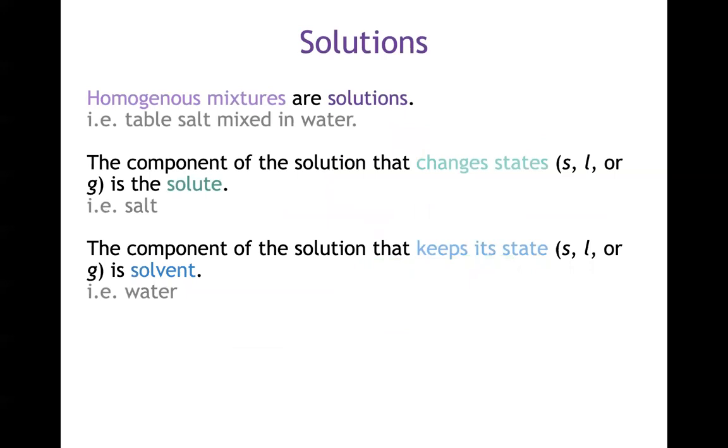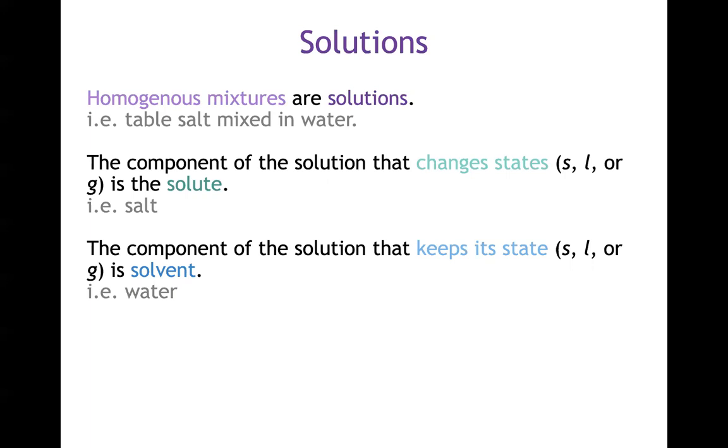We could describe solutions as a homogeneous mixture. It looks like a uniform solution. In other words, if you put table salt in water, and you mix it and take a look at the cup, you won't really be able to tell that you have two different components, the salt and the water.